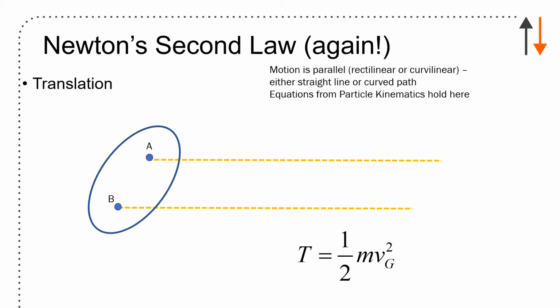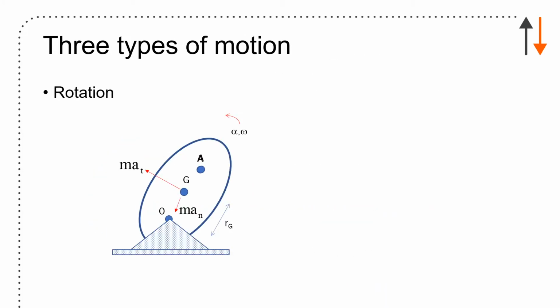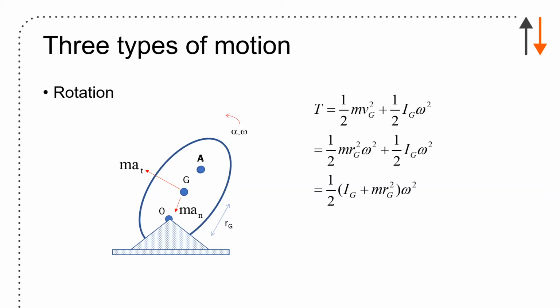So in terms of the second law, motion is parallel, this is translational motion, T is equal to 1/2 m v_g squared. In the case of rotation, I have 1/2 m v_g squared plus 1/2 I_g omega squared, and I have 1/2 I_g plus m r_g squared, times omega squared.